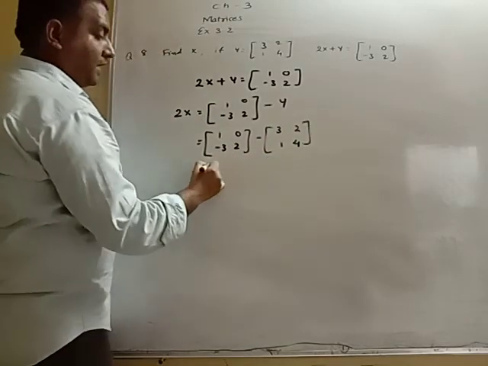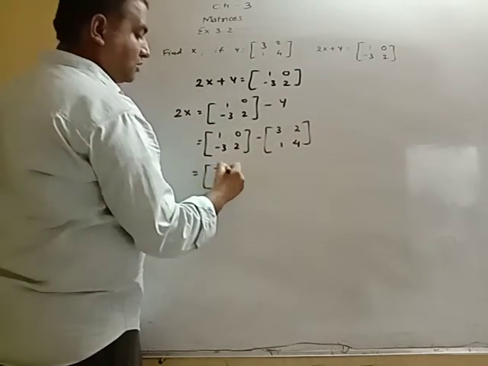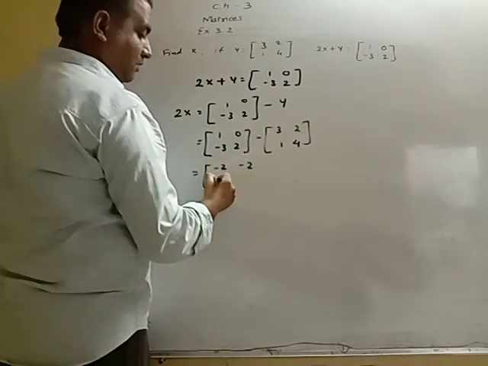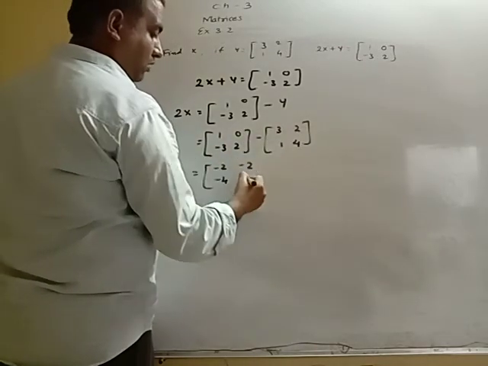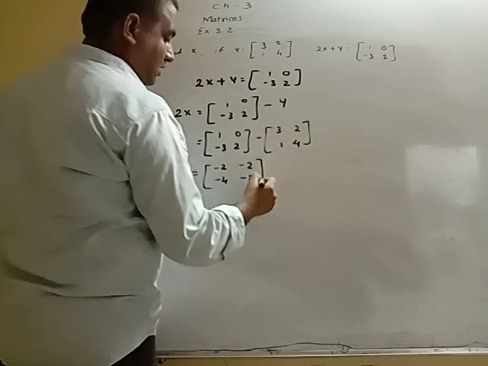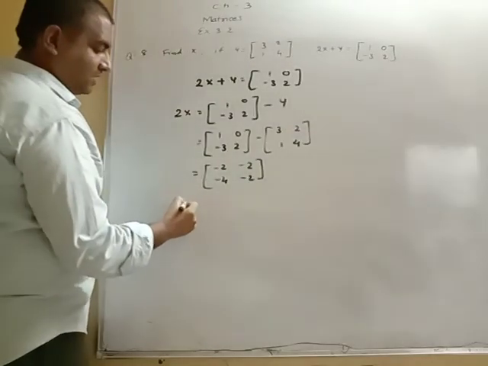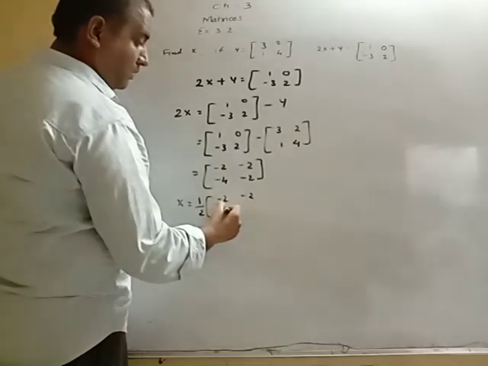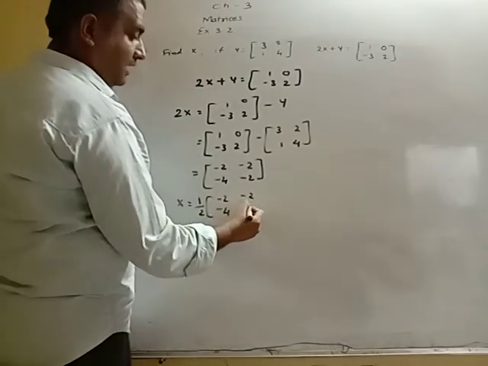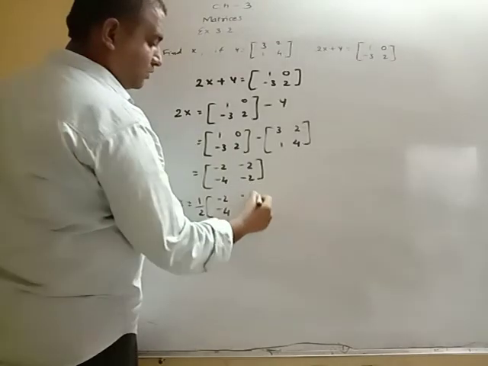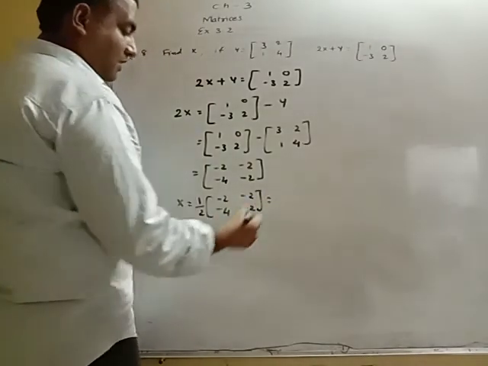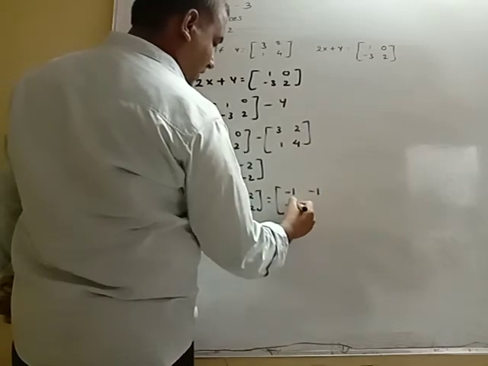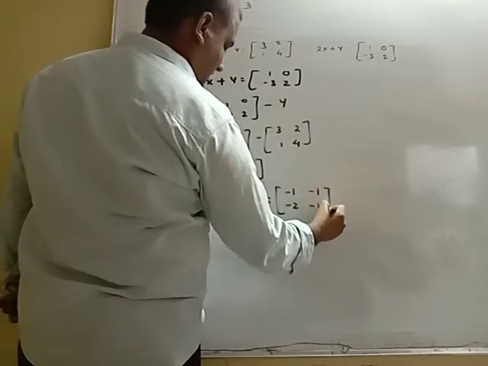So we subtract: 1 minus 3 is minus 2, 0 minus 2 is minus 2, minus 3 minus 1 is minus 4, 2 minus 4 is minus 2. And so x equals 1 by 2 of minus 2, minus 2, minus 4 and minus 2. So we divide and we get minus 1, minus 1, minus 2, minus 1.